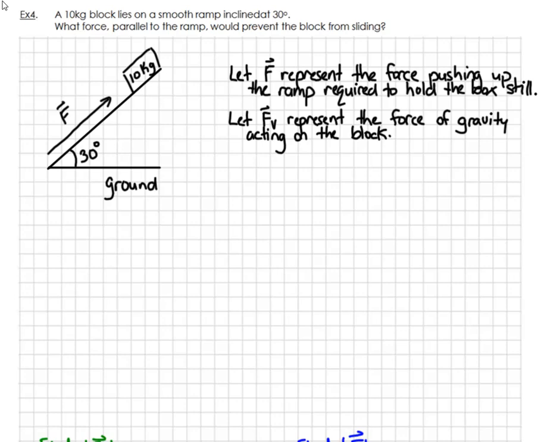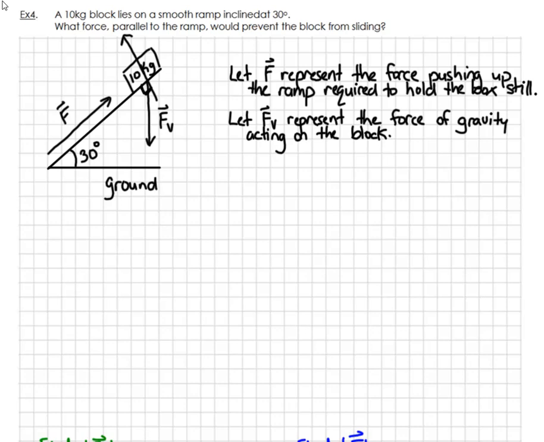There's also a force going down, and that is the force of gravity. So I just put FV for the vertical component. There's lastly a force that actually acts on the surface of the object itself, and it is the normal force. It is 90 degrees, or perpendicular, to the ramp or the surface.